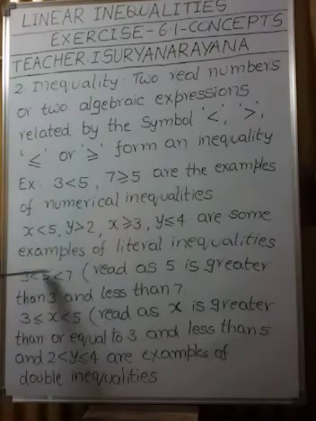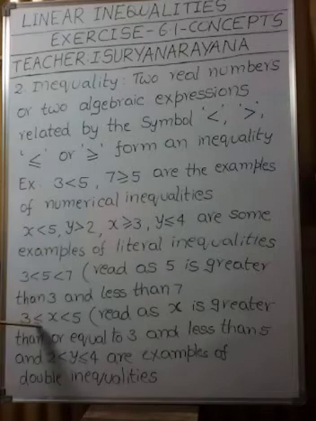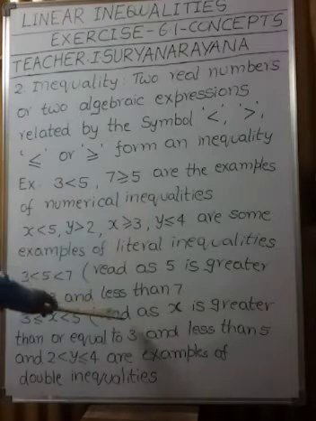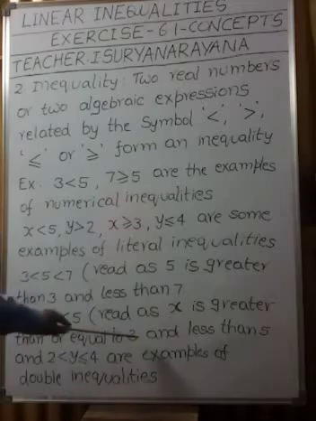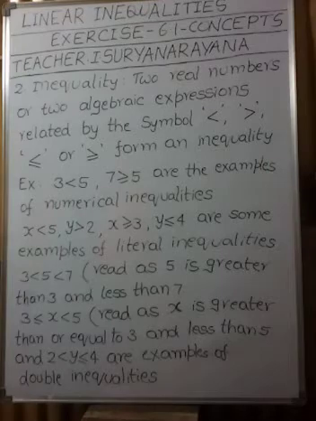We have to start the sentence with this middle number. Similarly, see this inequality, 3 less than or equal to x less than 5. But we read this inequality as x is greater than or equal to 3 and less than 5. Understood how to read an inequality?